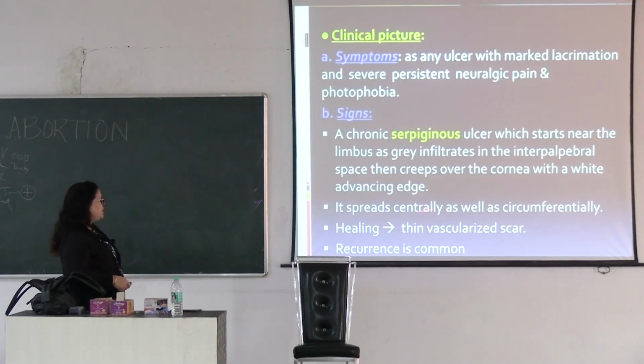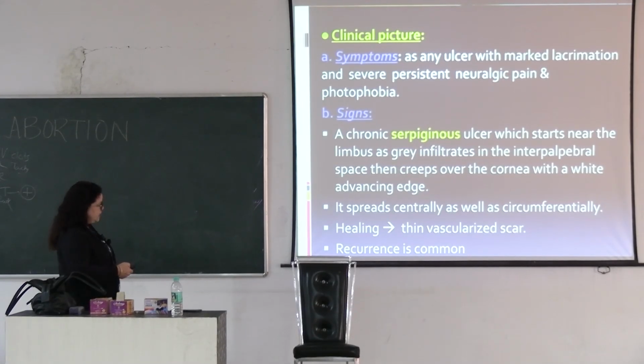It spreads centrally as well as circumferentially, means it affects in both directions, central as well as peripheral. If healing occurs, a thin vascularized scar is present, and recurrence is common in Mooren's ulcer.